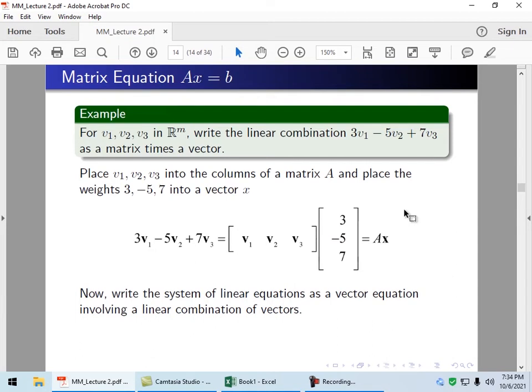So this is our initial prerequisite. This is the end. This is the final answer. Okay.